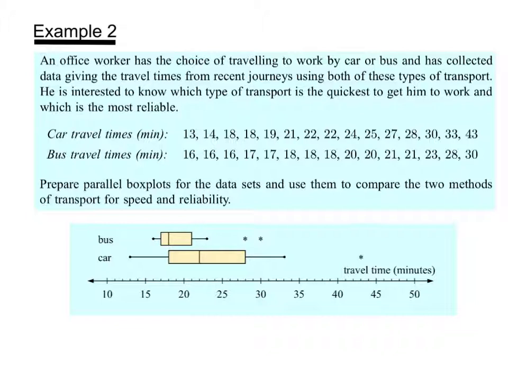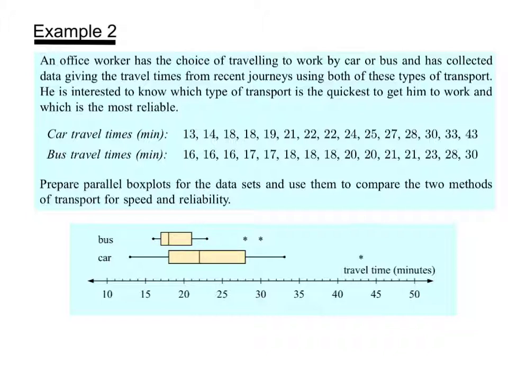So if you notice, we have a value of 30 and a value of 28, which are the last two bus travel times in the data set. And they're considered to be outliers, so we do not include them in the box plot of the bus times.